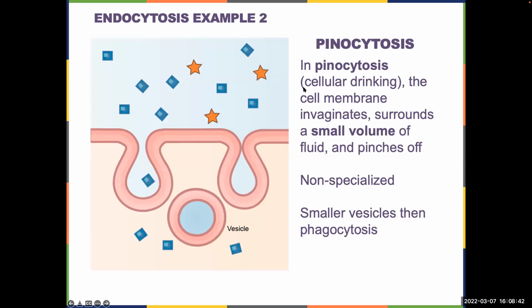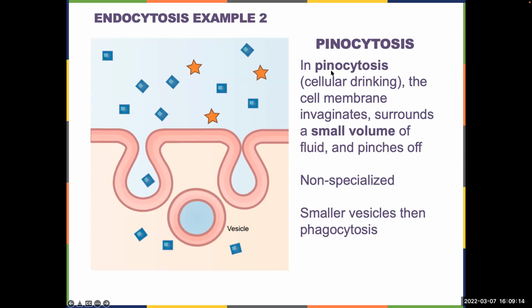Pinocytosis is similar, but it's much smaller, and it's considered cellular drinking because you're taking in a small volume. That small volume could include a particle, or it could just be fluid. Okay, there could be dissolved, very small molecules, particles in here. Okay, so think of small.